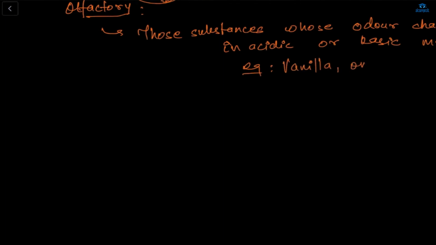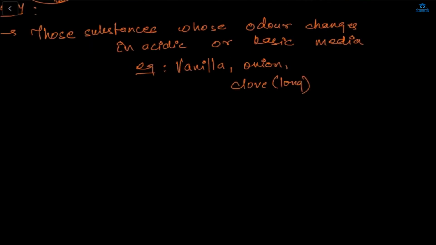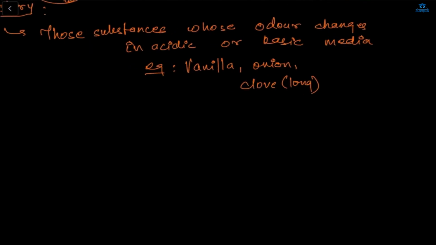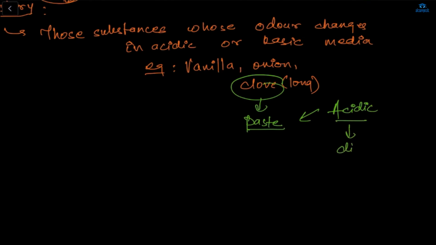And now what are examples of olfactory indicators? Vanilla, onion, clove. Now see, let's say we are taking the paste of this clove. If we smell the paste of this clove, it will be something different. If we add an acidic solution to this clove, then the smell will be different.